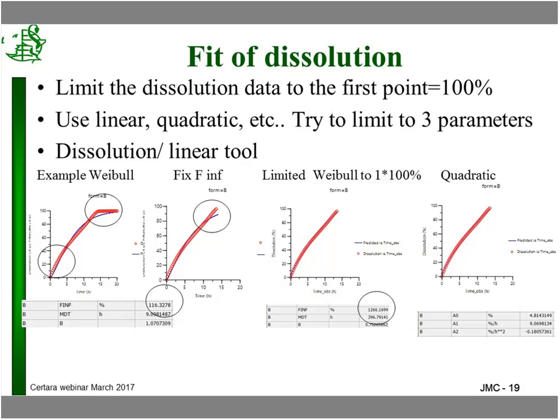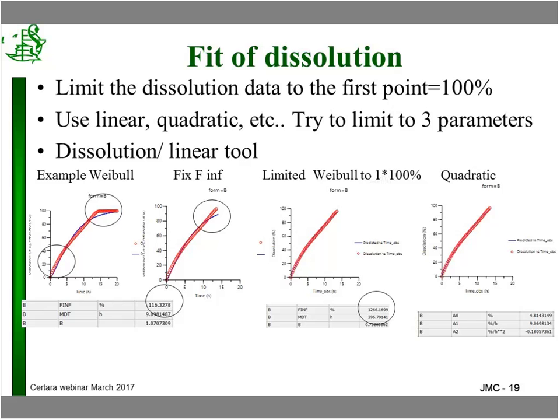I can say, okay, I remove my plateau. If I remove my plateau, I can try to fit it still with a Weibull function, fixing the F infinity close to 100. But you can see that in this case it is the higher points which are not well established.